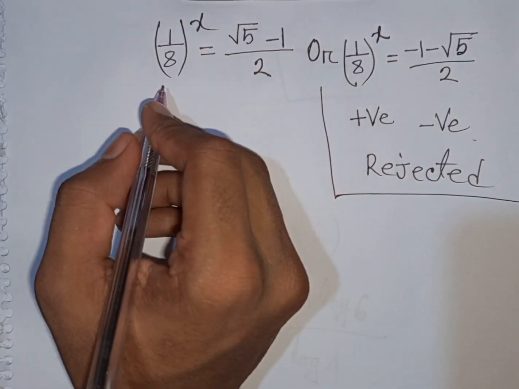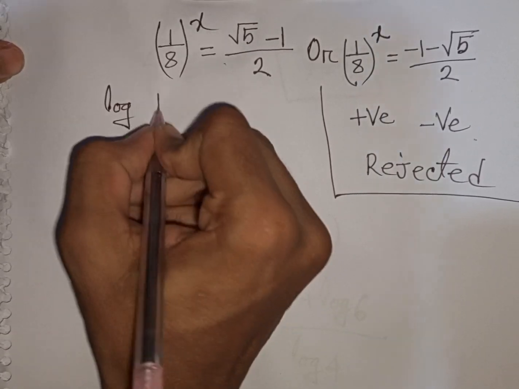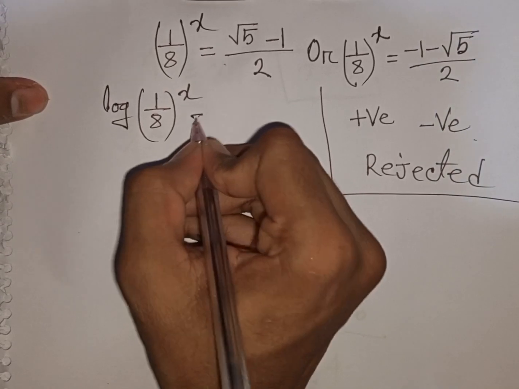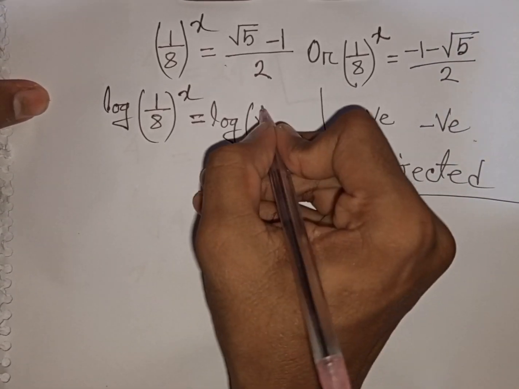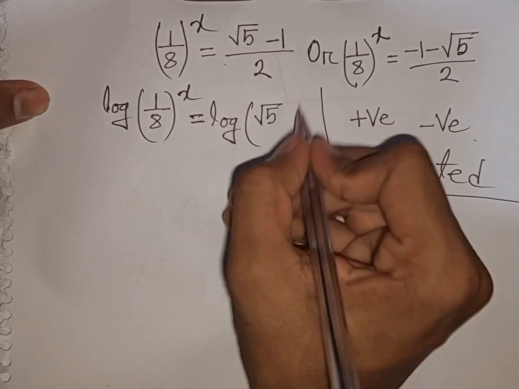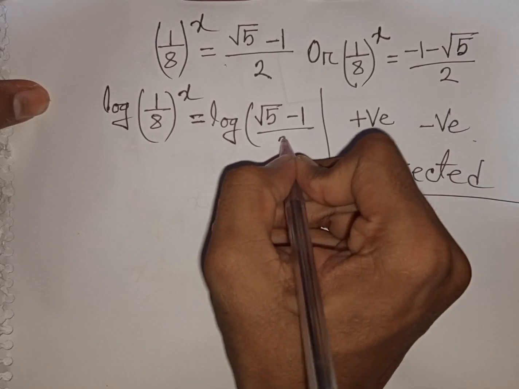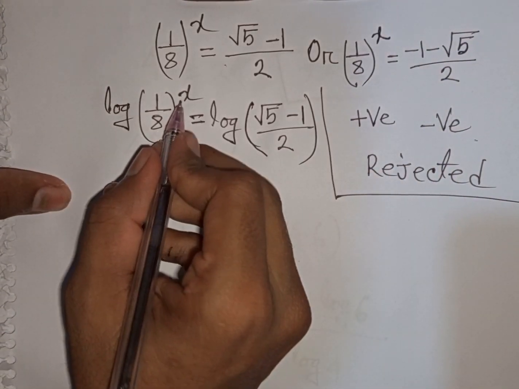Now, from here we take the log on both sides. So, you can write log of (1/8)^x is equal to log of (square root of 5 minus 1) divided by 2. Now, this power x will move to the front.